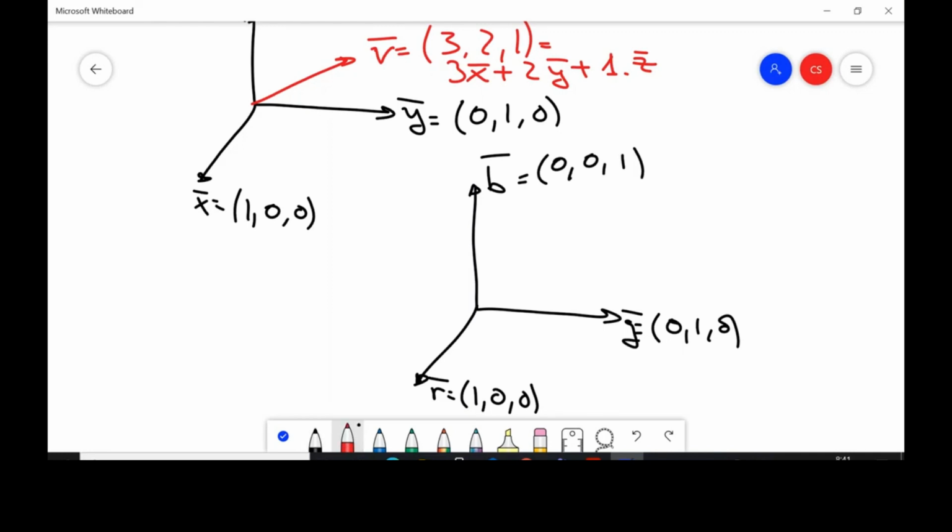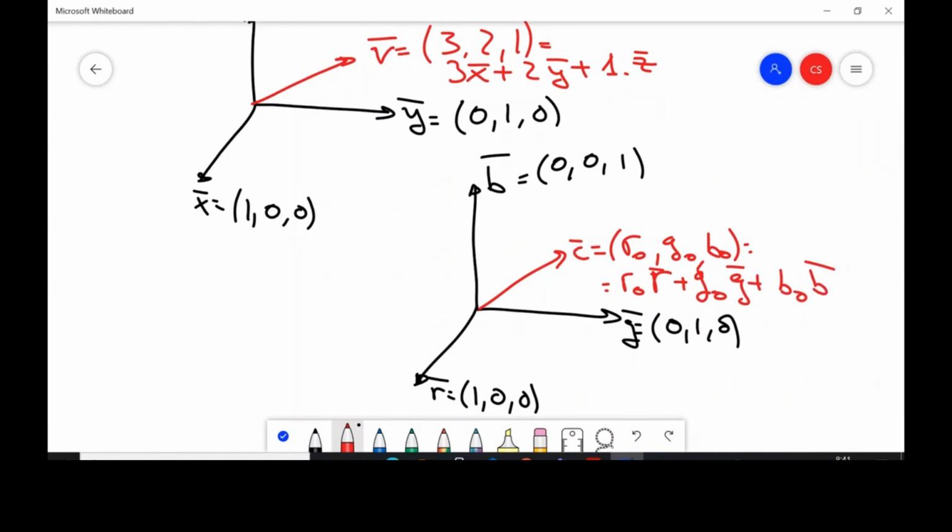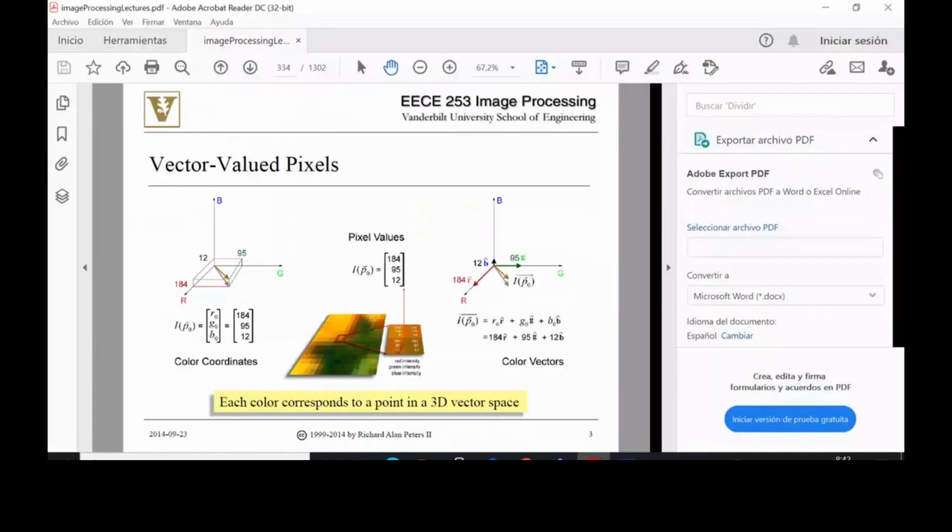And then if I have a color, that now I will call C, then my color, that is R0, G0, B0, is R0 R plus G0 G plus B0 B. Okay, so now the R vector, G vector, and B vector are my basis in my coordinate system. So that is exactly what we have in this slide.